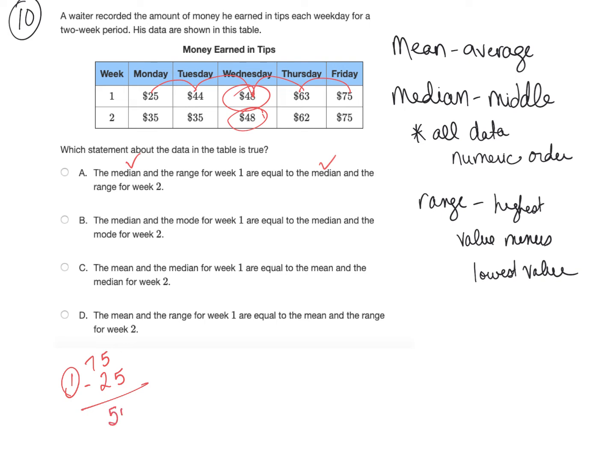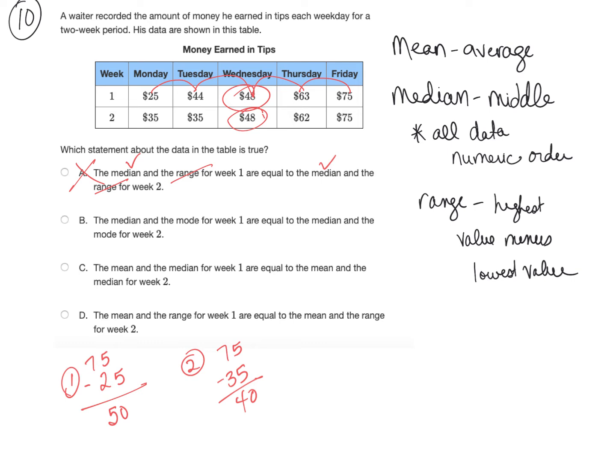That gives me a range of 50, 75 minus 25. Now week 2, highest is 75, but the lowest is 35. And that gives me a range of 40. So although the medians are equal, the range for week 2 does not. So A is not a possible answer.